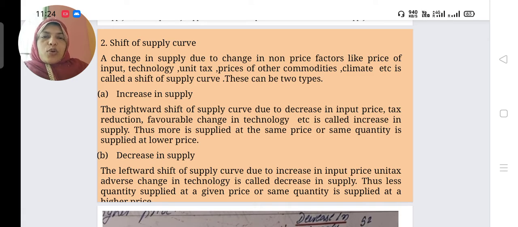Thus, more quantity is supplied at the same price, or same quantity is supplied at a lower price. That is increase in supply.